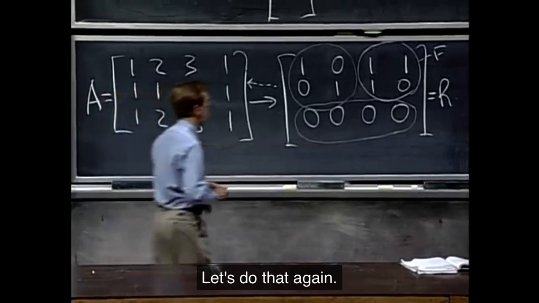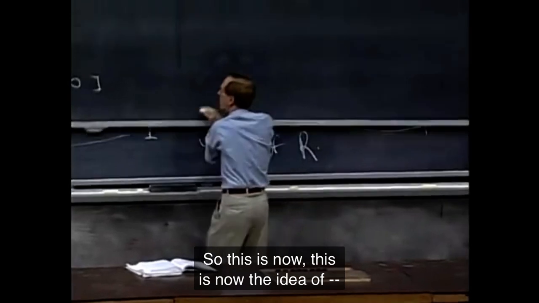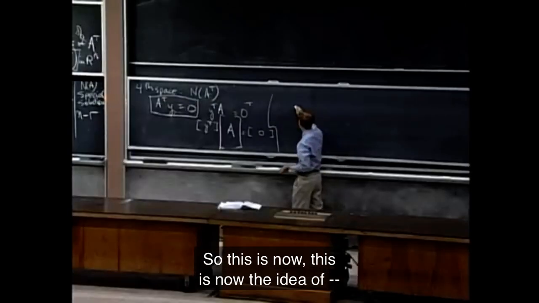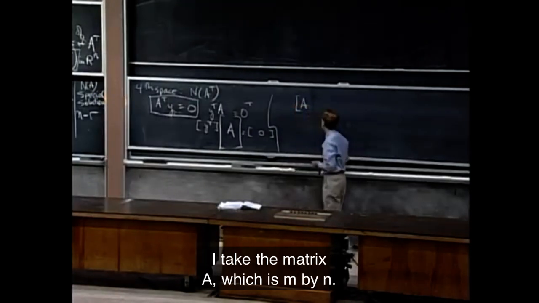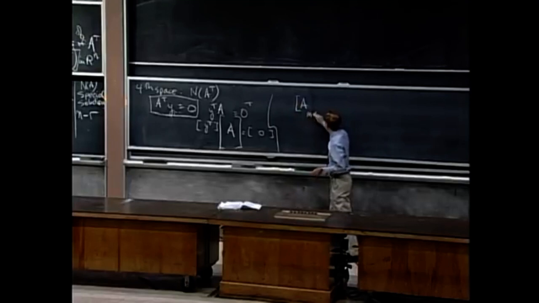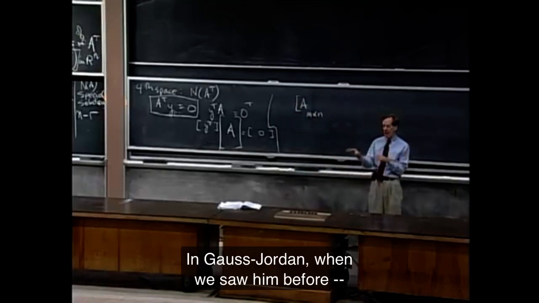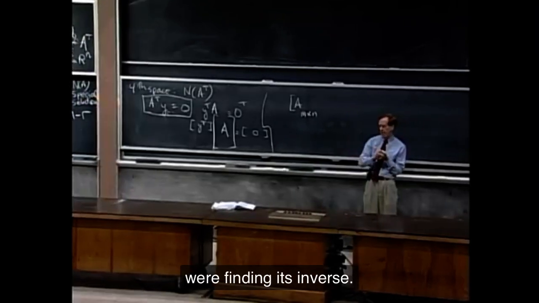Let's do that again. So I'll do it above here. So this is now the idea of, I take the matrix A, which is m by n. In Gauss-Jordan, when we saw him before, A was a square invertible matrix, and we were finding its inverse.